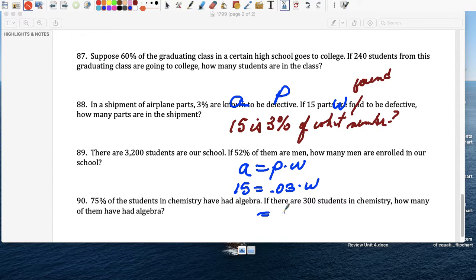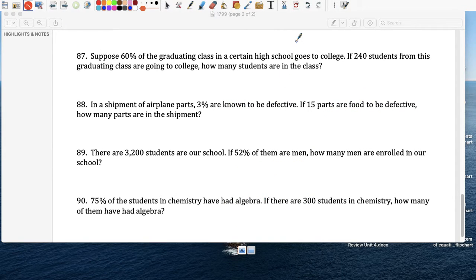We're going to divide both sides by 0.03. 15 divided by 0.03 gives us that this particular shipment of airplane parts was 500. So out of the 500, 15 were defective. There were seat buckles.